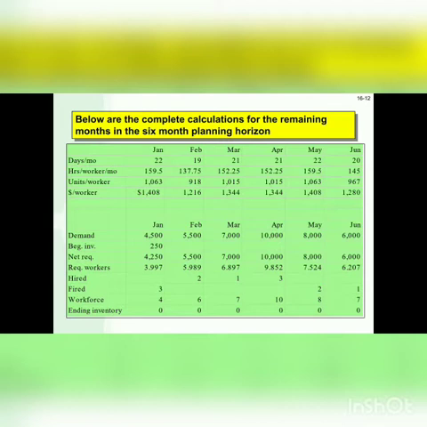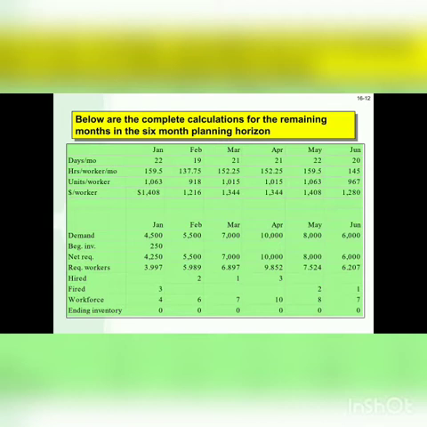Workforce is 4 in the month of January. Now you have hired 2, then it becomes 6. You have again hired 1 in the month of March, so it becomes 7. In the month of April, after hiring 3 more people, the workforce is 10.